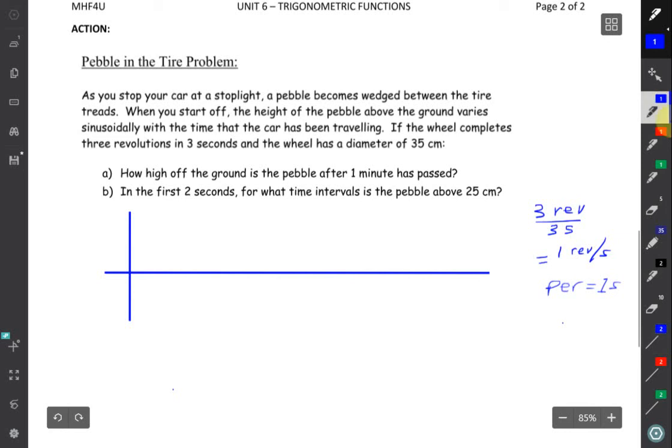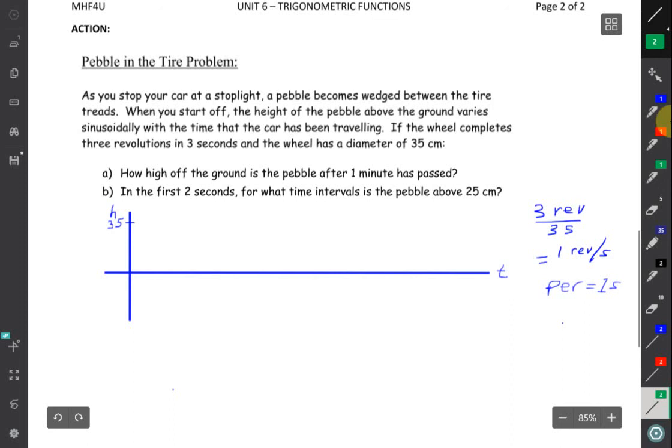So once again, our x-axis, or our independent axis, is t, and that's in seconds. And it says we're dealing with the height of the pebble. And then we see that the maximum height of the pebble is 35. And the axis then is halfway between that because this tire is right on the ground. So there's no shift up that would change the minimum.